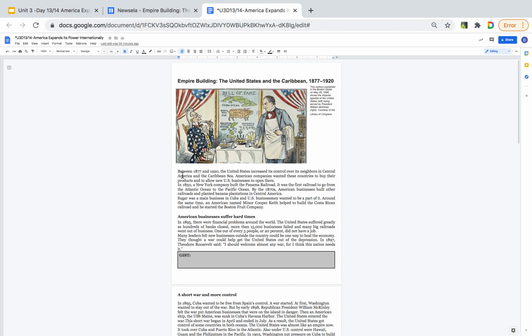And as you can see here, this is an example of how you can break down that text and provide those stopping points for students to identify the key ideas of a text.